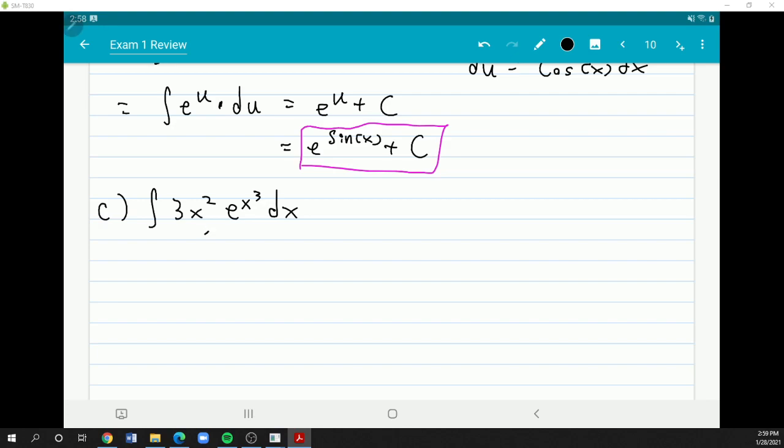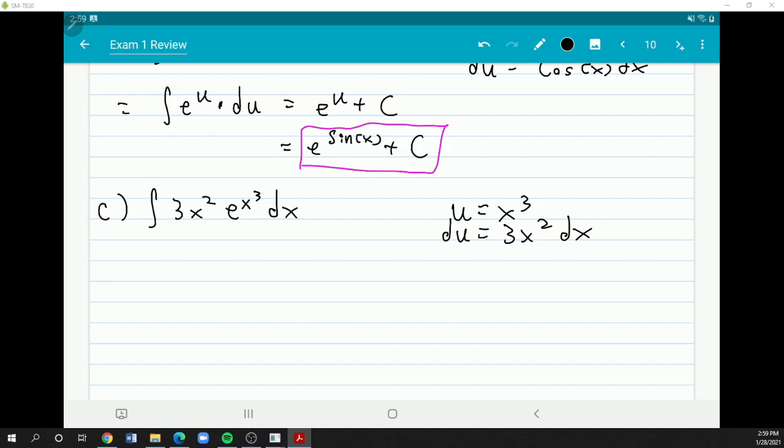So initially I see x squared stuff and x cubed stuff. So my u substitution senses are tingling. And looking at it, if I do that, I'm going to have the integral of e to the u. So let's make that substitution. u equal to x cubed. du is 3x squared dx.